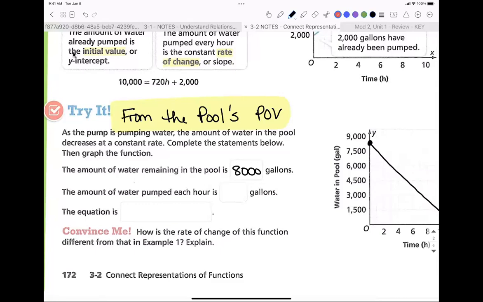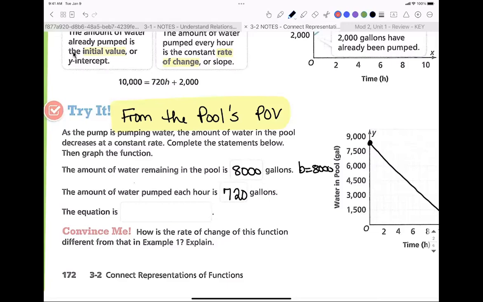The amount of water pumped out each hour is still that 720, but the water is leaving the pool at a rate of 720 gallons per hour. So our B this time is going to be 8,000 because that's what our pool is beginning with.